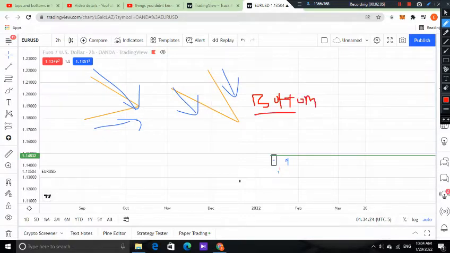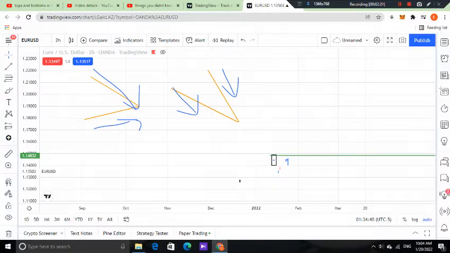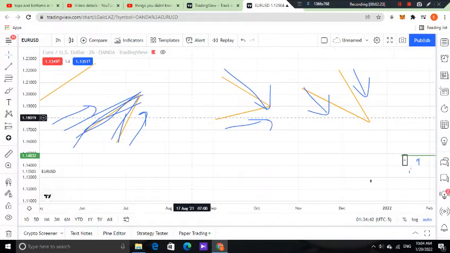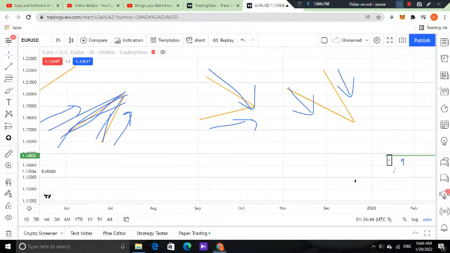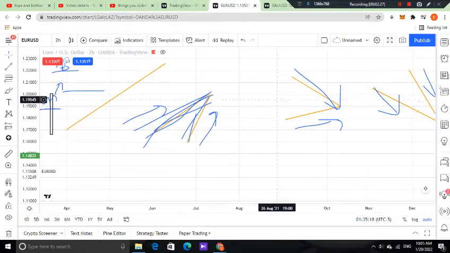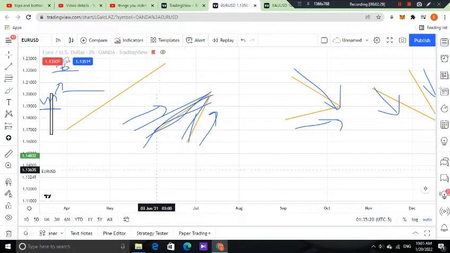We see both of them at the end of the trend. Okay, this one we call wedge top.